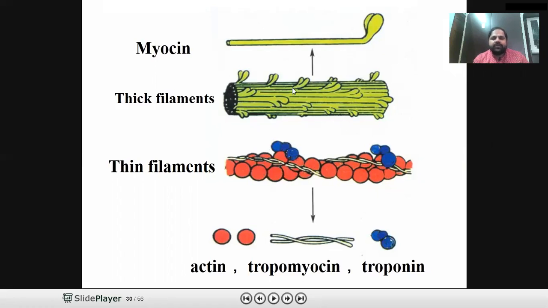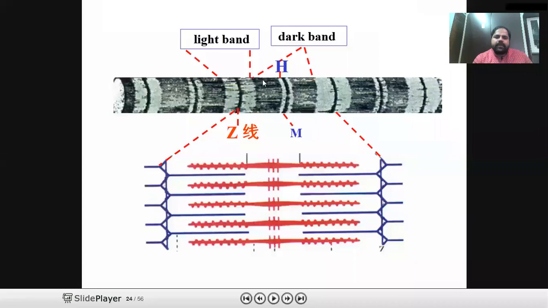So we can easily understand this structure. And this figure is representing a single myofibril. So we can see here several dark and light bands are present, and we can see here one myofibril segment. This one is one Z line and this one is another Z line, and in between these Z lines this is the zoomed structure.